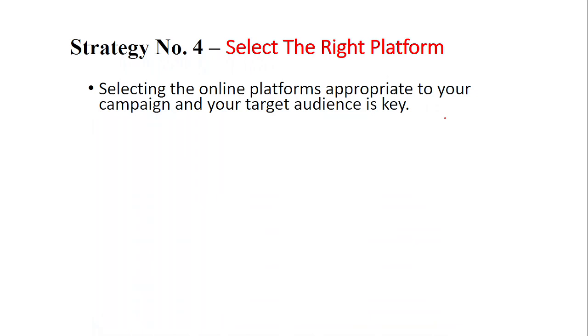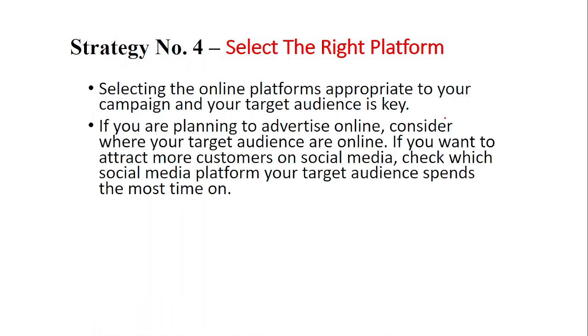So selecting the online platforms appropriate to your campaign and your target audience is key, right? So remember, you also have the campaign strategy or campaign plan, which will be part and parcel of your digital strategy, right? So if you are planning to advertise online, consider where your target audience are online, right?